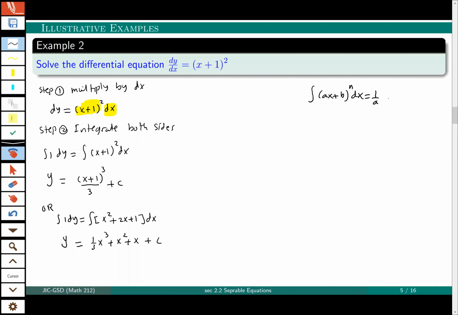Now, the next differential equation. Our first step is to multiply by dx to separate. If we multiply by dx, we get dy equals e to the power 3x plus 2y times dx.